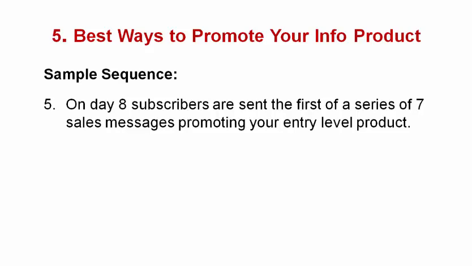Now, your entry-level product could be an affiliate product, could be your product. Okay, so that's a strategy that works, providing the product that you're promoting is relevant and exciting to people. Okay, so you could do that on 8 days, and then you repeat the process if you wish, if you've got other products to promote.